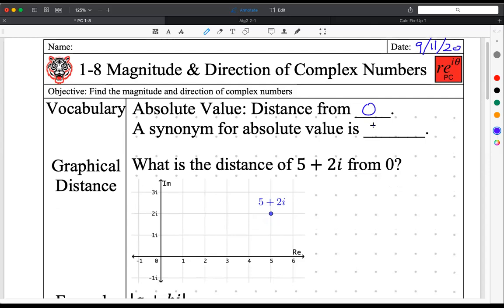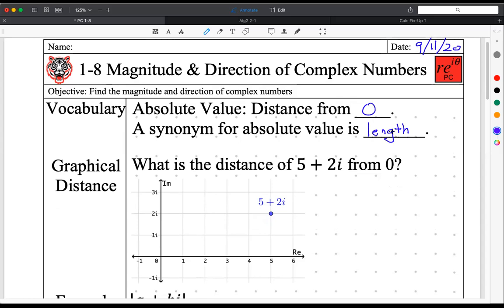And then when we're talking about our class, now that we're dealing with complex numbers, there are a few different synonyms that you need to know. So the easiest one for us that I think everyone can understand is length. But you might notice that that word is not in our title. It doesn't say length of complex numbers. So direction doesn't make sense.